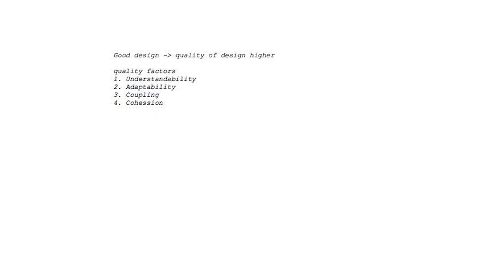So we talked about the first two things, understandability and adaptability. Now we are going to talk about cohesion.